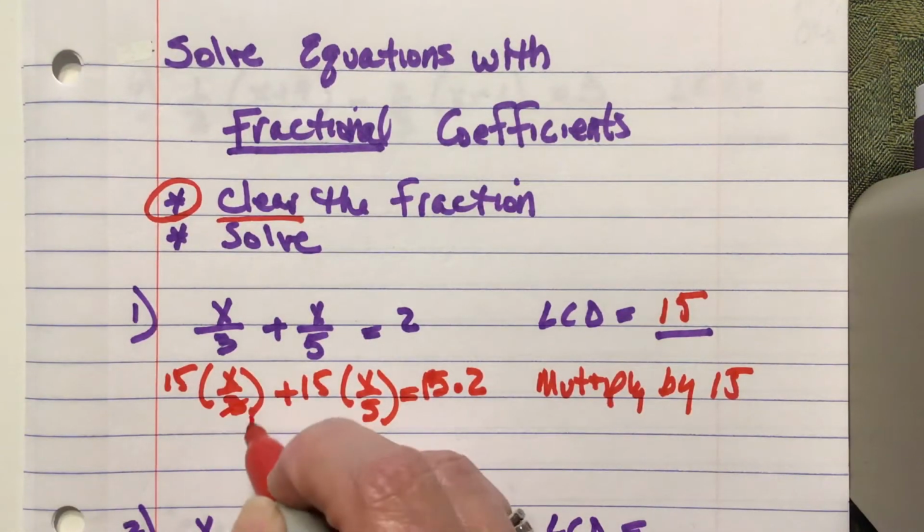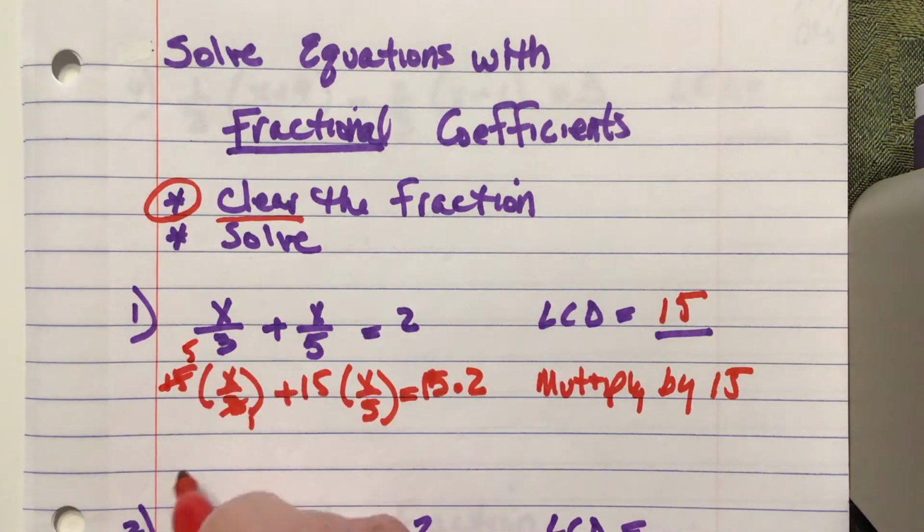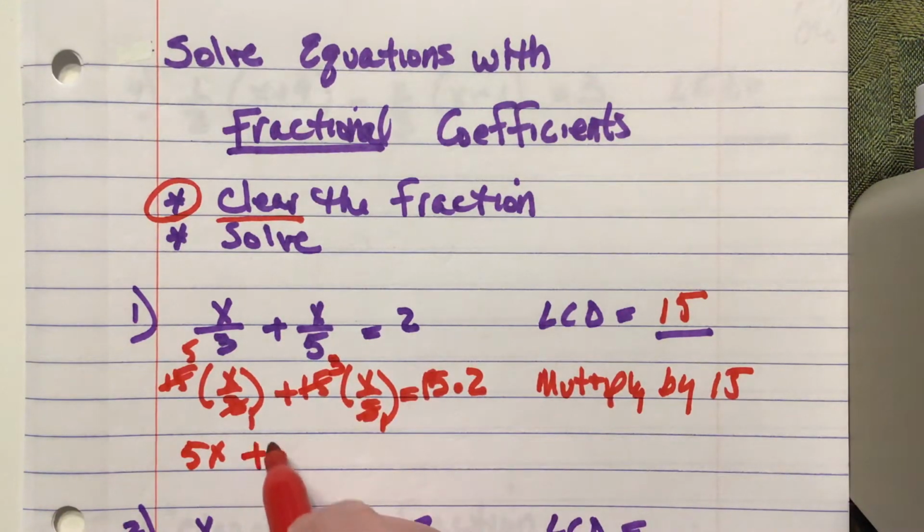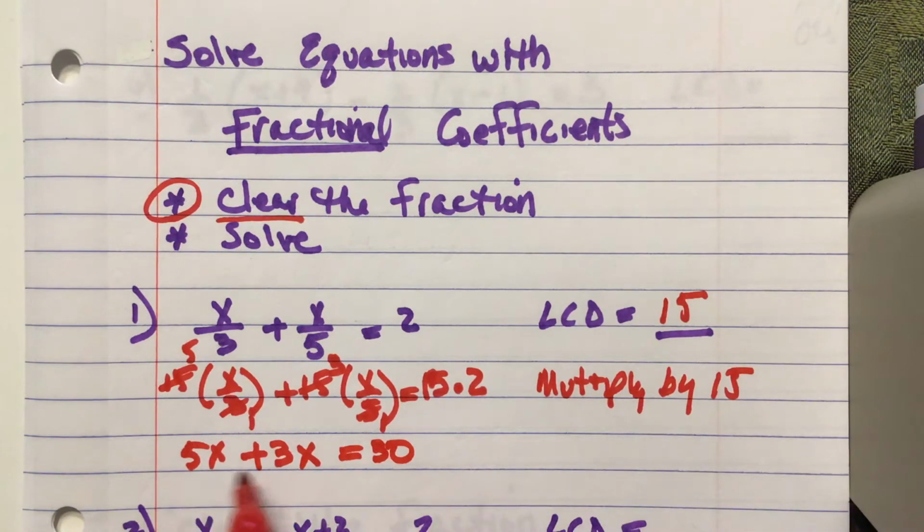3 goes into 3 once, 3 goes into 15 5 times, so this becomes 5x. 5 goes into 5 once, 5 into 15 3 times, plus 3x. 15 times 2 is 30. So now I just got rid of all my fractions. 5x plus 3x is 8x is equal to 30.